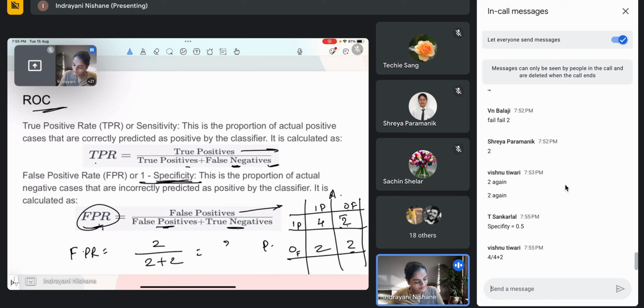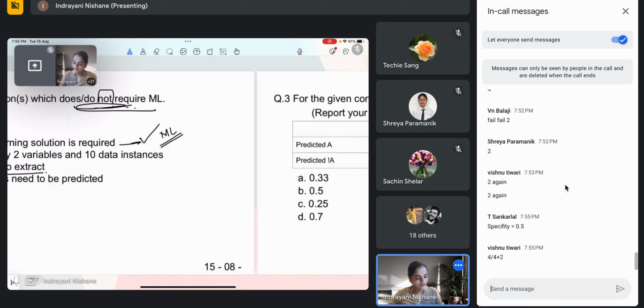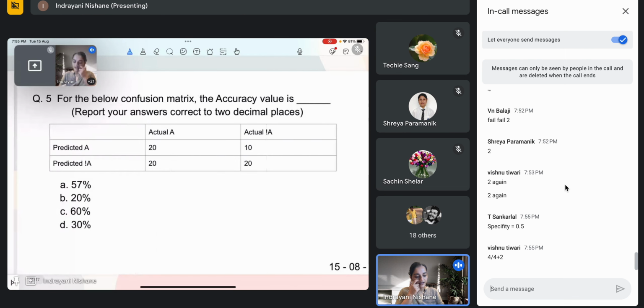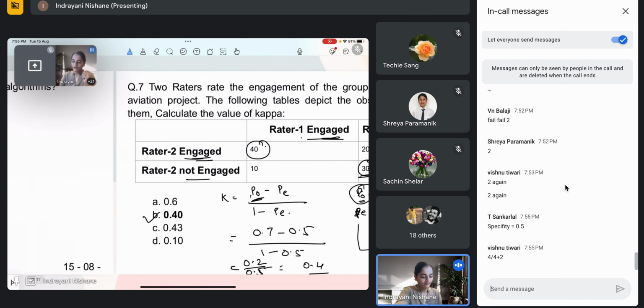So 2 divided by 4, which is 0.5. So specificity is 1 minus FPR, which is 1 minus 0.5, which is 0.5. So the correct answer is 0.5.